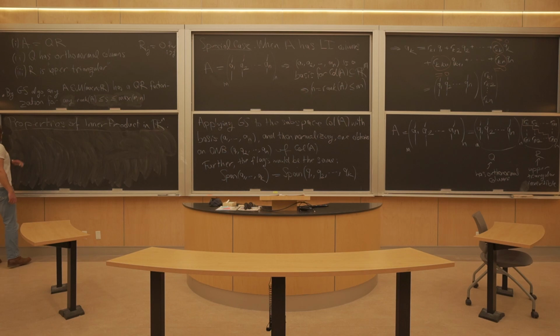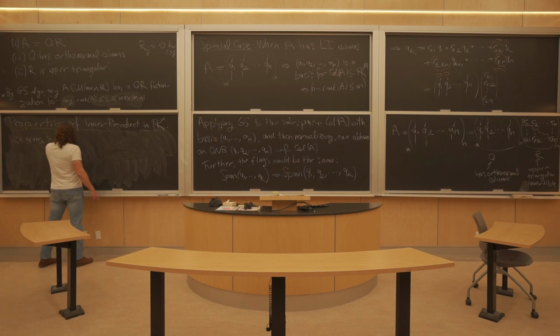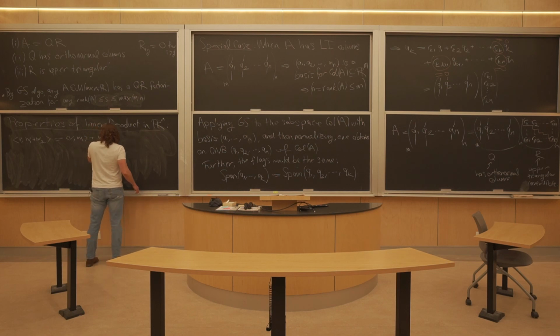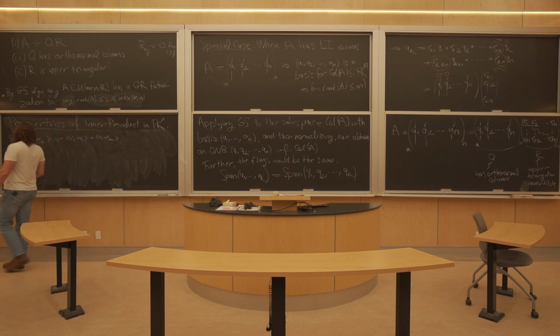So I can write it like this: v against w1 plus w2 is equal to v against w1 plus v against w2. And if I were to fix again the first entry and scale the second entry by some number, I can take that scalar out.